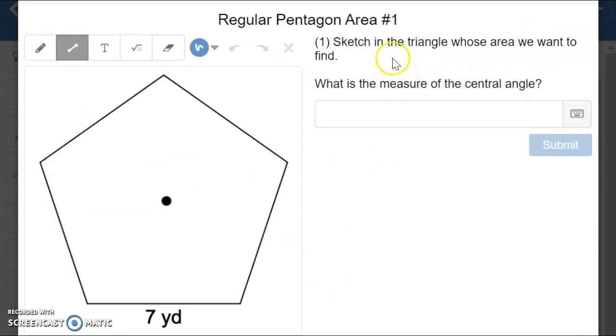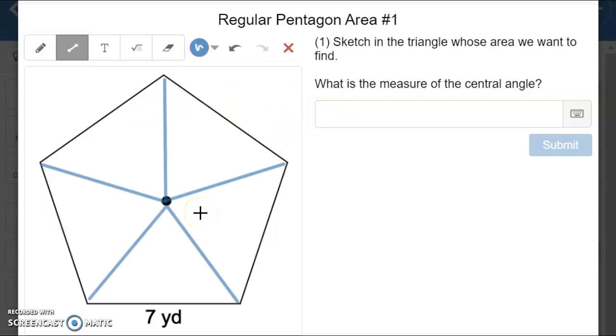Okay, next, sketch in the triangle whose area you want to find. What is the measure of the central angle? So I've just sketched the triangles. We have a pentagon, a 5-sided polygon, so we have 5 triangles. What is the measure of the central angle?